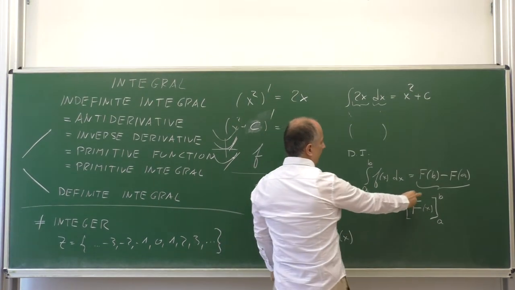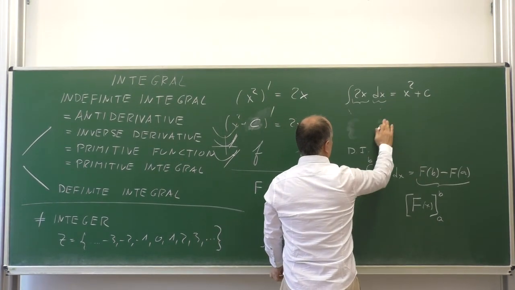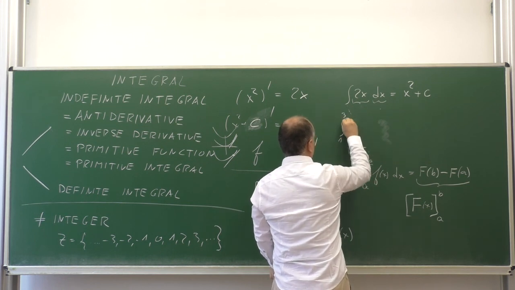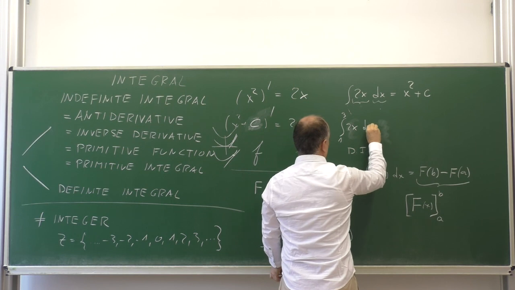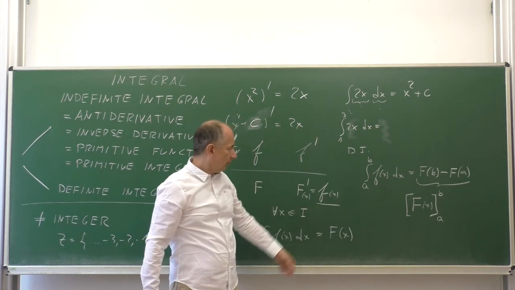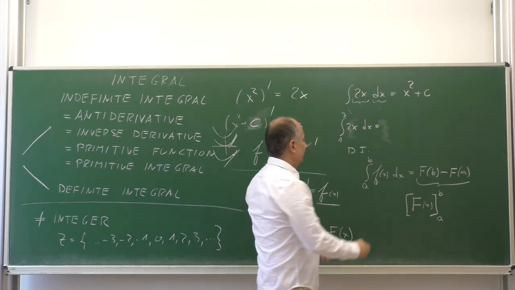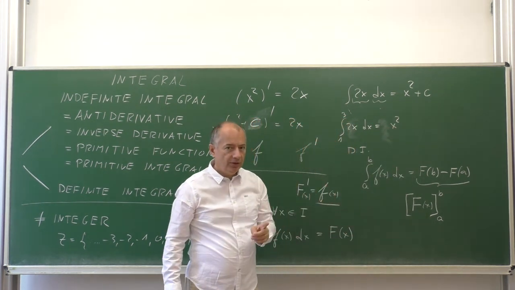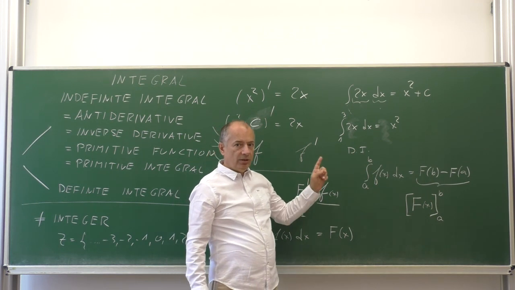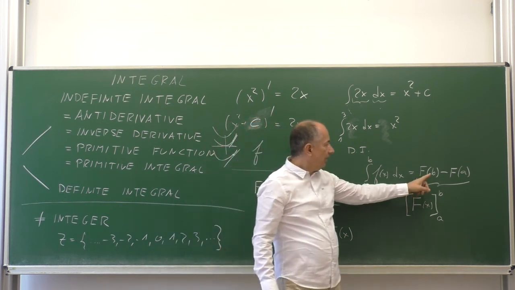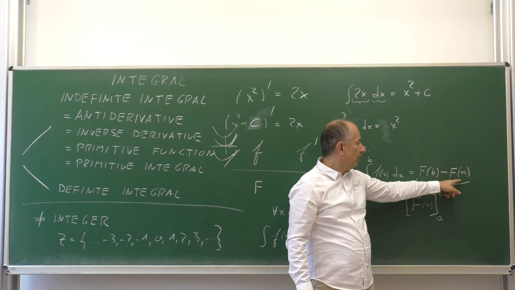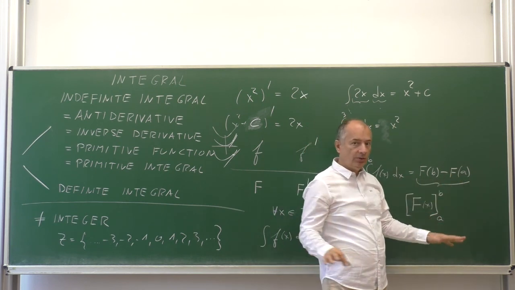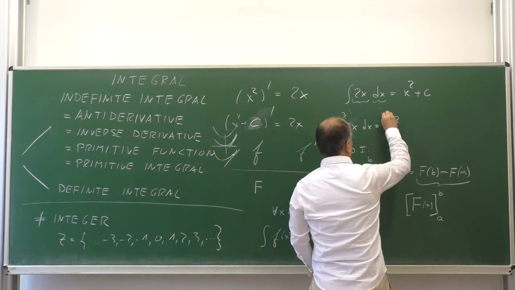So if we want to practice the definite integral for this function, that's an integral from 1 to 3 of 2x dx, we find the antiderivative, which is x squared plus c. But in the case of the definite integral, we don't have to write the additive constant, because if you add some c here and some c here, when you subtract, the additive constant disappears. So we don't write it.